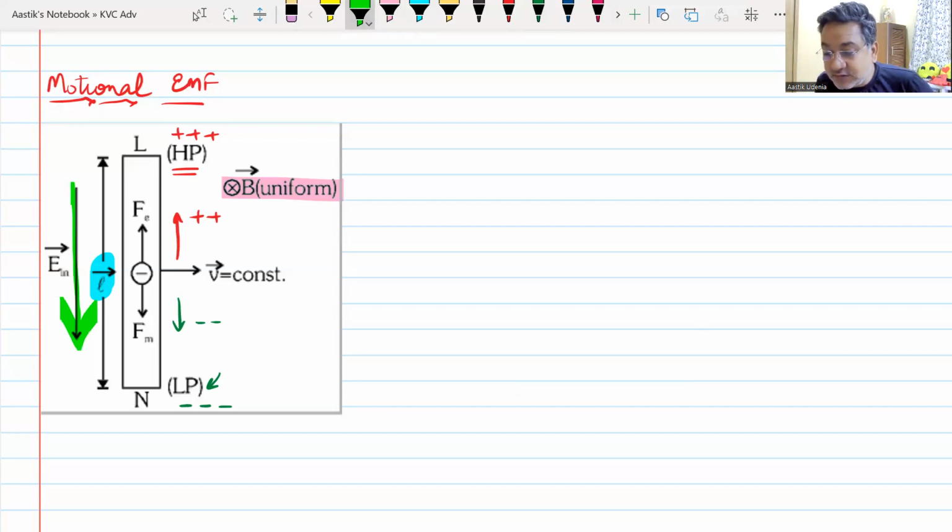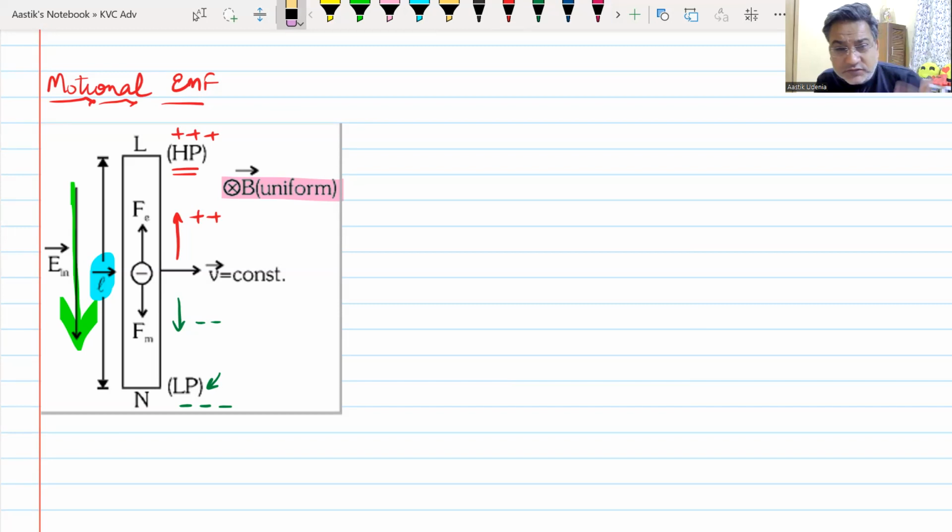Because of this electrostatic field, the protons and electrons will be experiencing force. Yes or no? The electrons will be experiencing force in the upward direction and protons will be experiencing force in the downward direction. Yes or no?